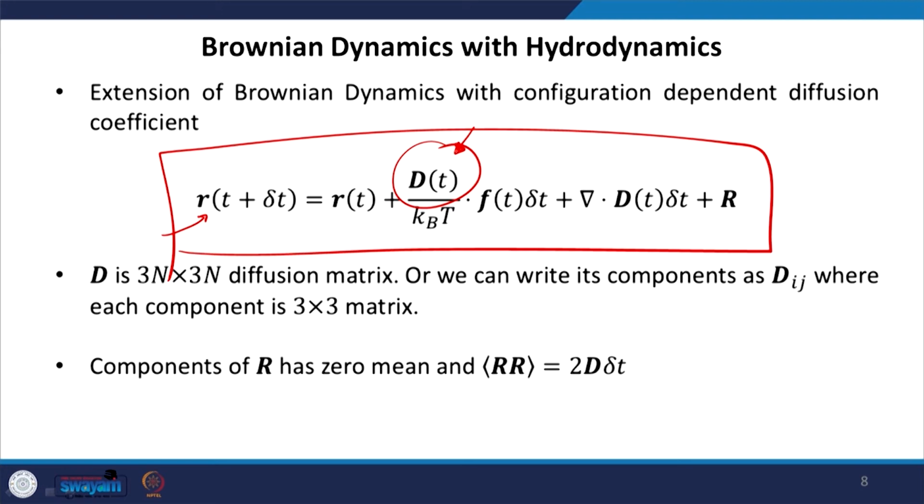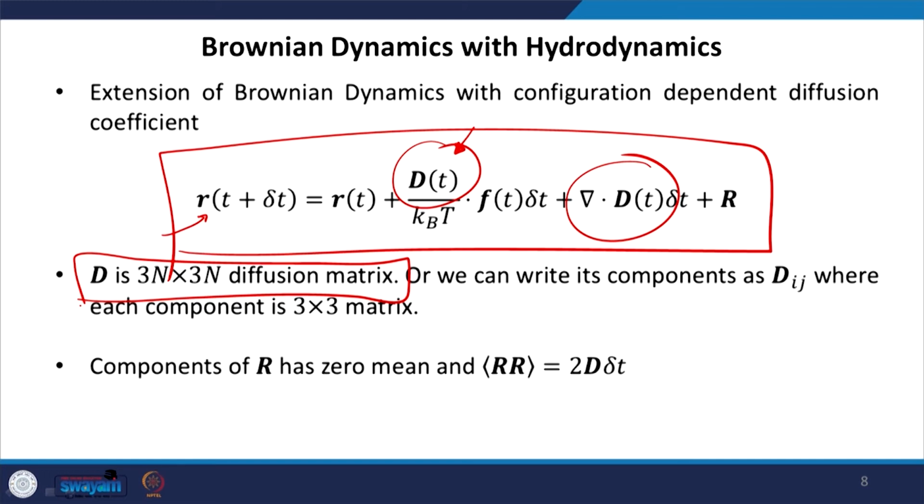And since it is going to be a changing matrix, it will change with time and with variables in the system. We also have one more term corresponding to del dot D, that refers to the changes in the diffusion coefficient. So, in this case, this matrix takes care of the HI effects, or hydrodynamic interaction effects.